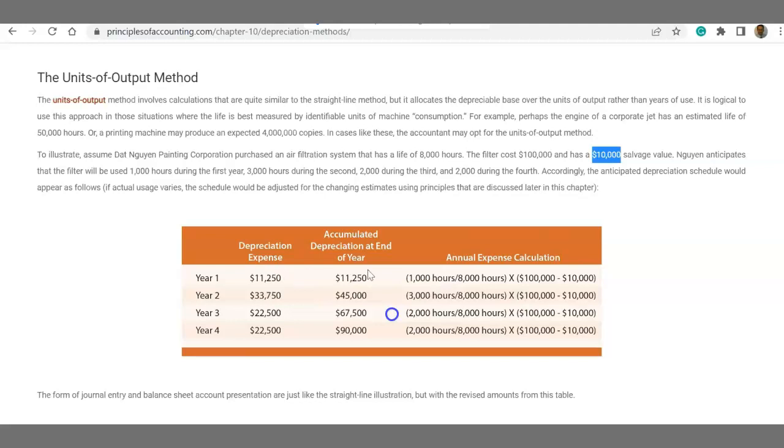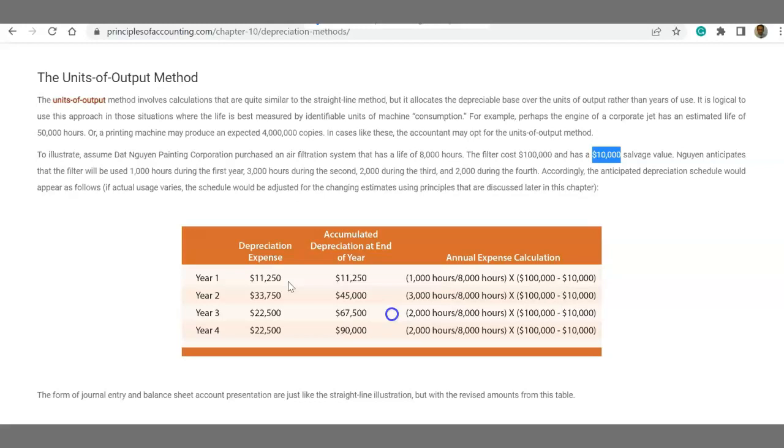Or you can use the way your book is doing and say, okay, 100,000 minus 10,000 is the depreciable base of 90,000 times 1,000 hours used out of 8,000 hours total possible use. So that gives you a fraction, and that multiplied by $90,000 gives you $11,250.